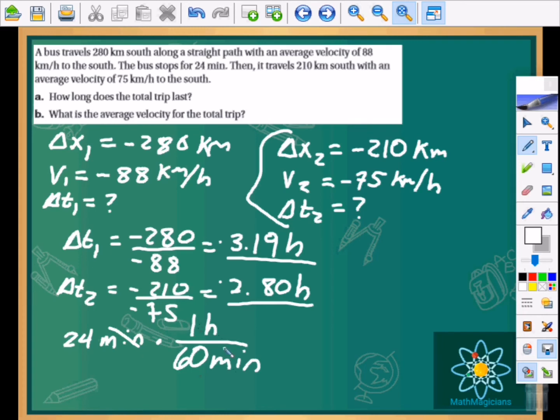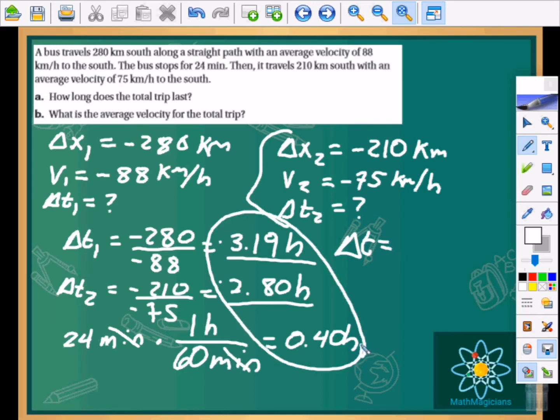We cancel our minutes, we make our division, it will be 0.40 of an hour. Now, to find my total time, my answer for letter A, add all of this. If you add all of them, it says that it's 6.4 hours. This will be your answer for letter A.